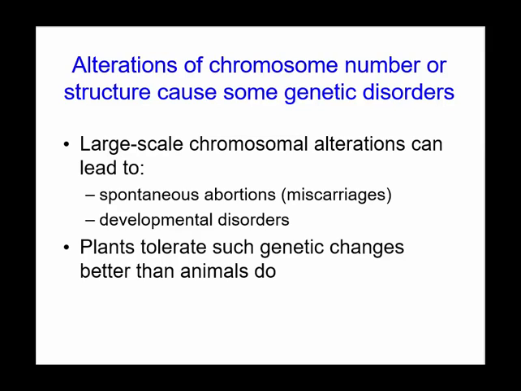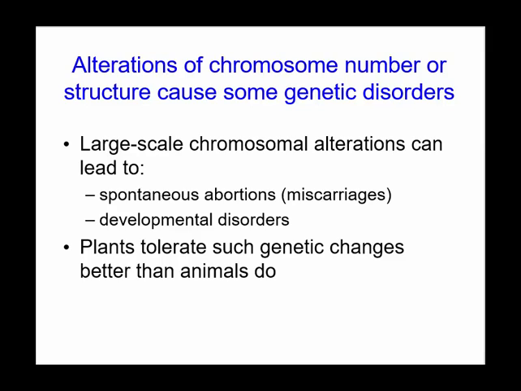Okay, let's take another shift here to wrap up this chapter, looking at alterations of chromosome number and structure as related to some human genetic disorders. So we can think about large-scale chromosomal alterations. For the most part, these can be very damaging early in development or at fertilization.